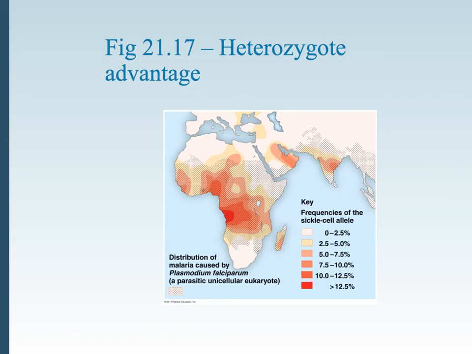And the trick is that if you are homozygous dominant, let's use M's, if you are homozygous dominant, then you are totally normal. You do not have sickle cell anemia, but you are susceptible to malaria. If you have little m, you have sickle cell anemia and you're probably not going to survive to reproductive age.